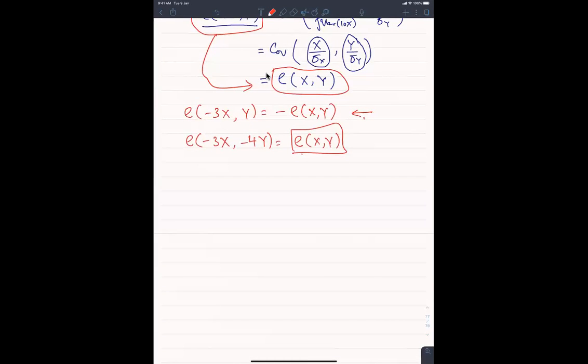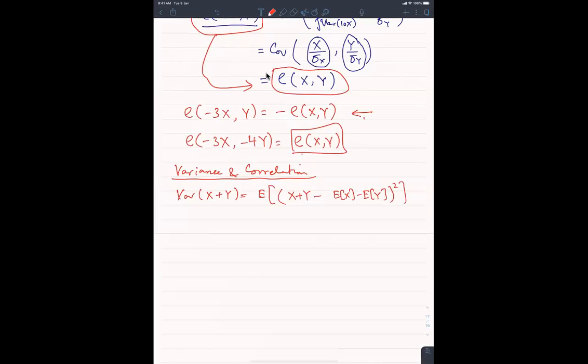Now, the relationship between variance and correlation. We saw that the variance of x plus y was equal to the expected value of x plus y minus expected value of x plus y, which is expected value of x plus expected value of y, whole square.